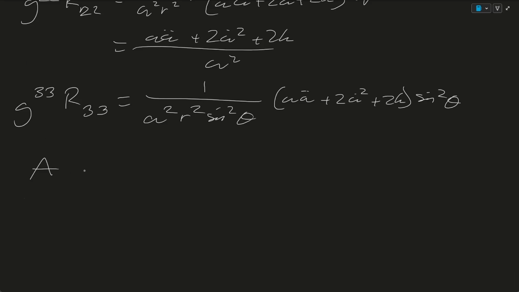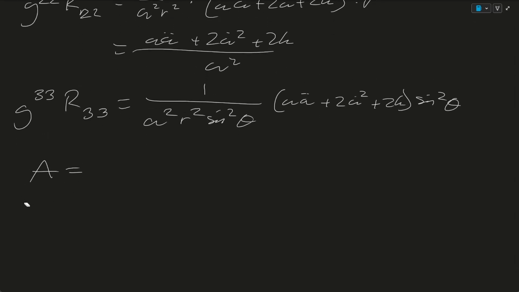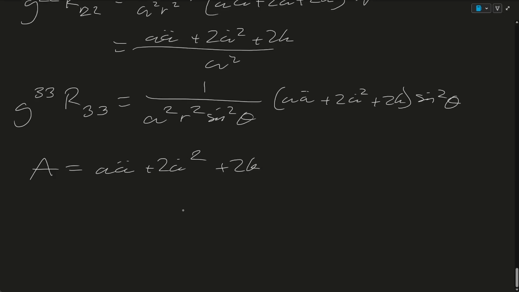So we'll take this variable A. Is that a blemish on my screen? No, it was a blemish in this. I'll take A to be a double dot plus 2a dot squared plus 2k.